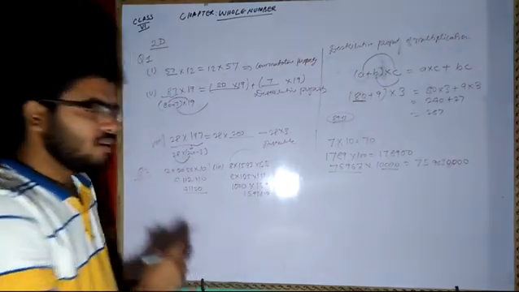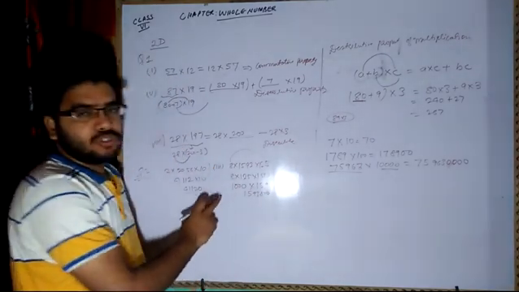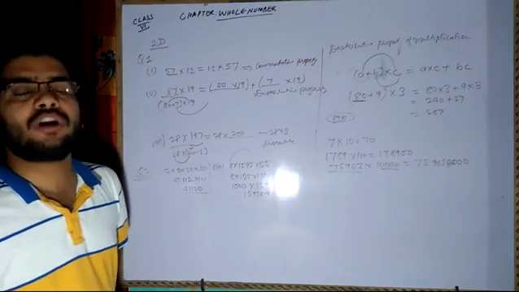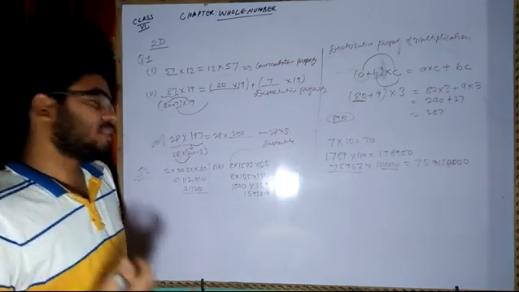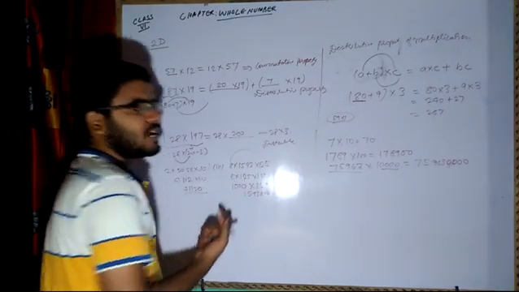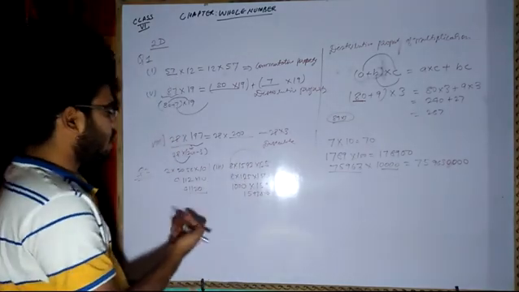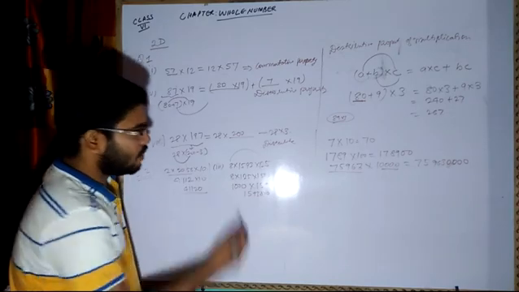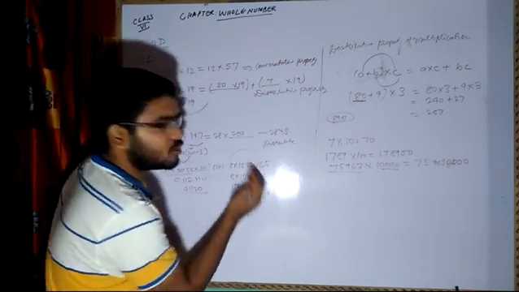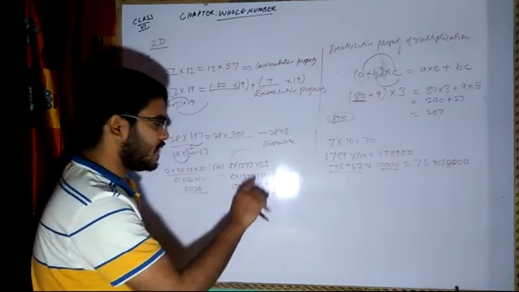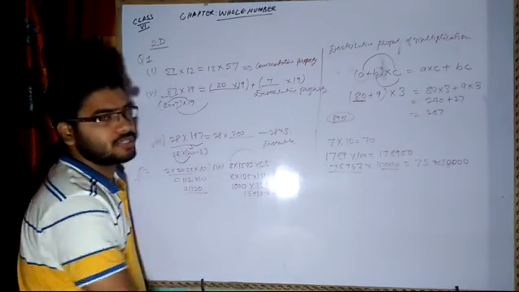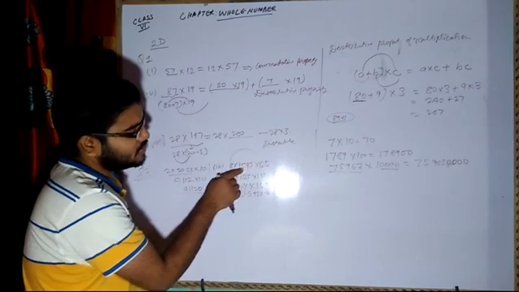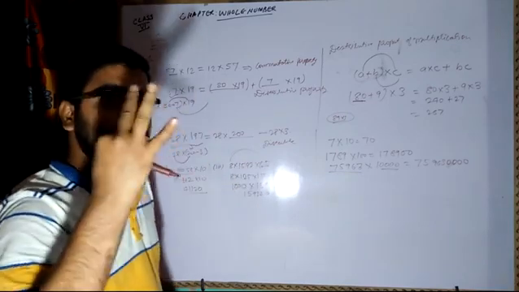Understood? All this will come to your head only when you practice more number of sums. One thing, second, try to understand the concept. Why have I done like this here? I have simply multiplied and kept 10 here. Why have I selected these two numbers to multiply first, and then the second step is this. You could have multiplied this and then this. Then you have to multiply 3 times.